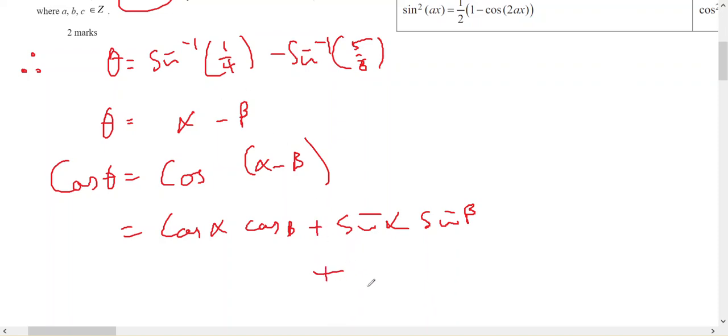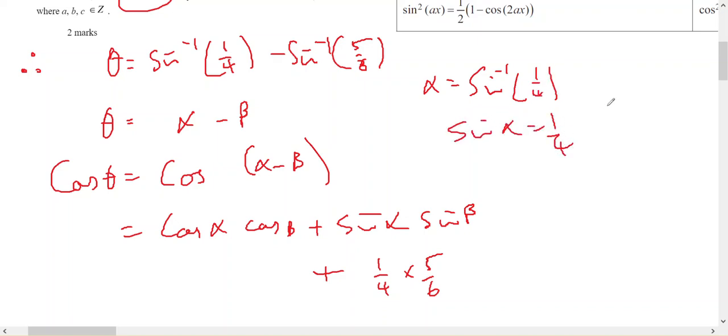Sine of alpha is 1/4. Sine of beta is 5/6. If the sine of alpha is the inverse sine of 1/4, therefore the sine of alpha is 1/4. And if I create a right angle triangle for alpha, that's 1, that's 4, that's root 15.